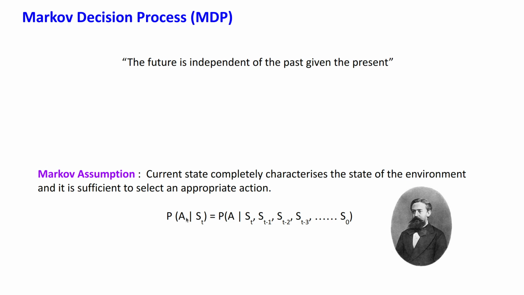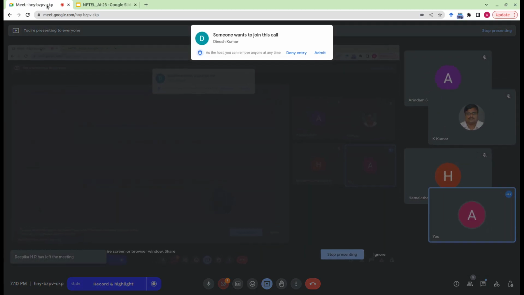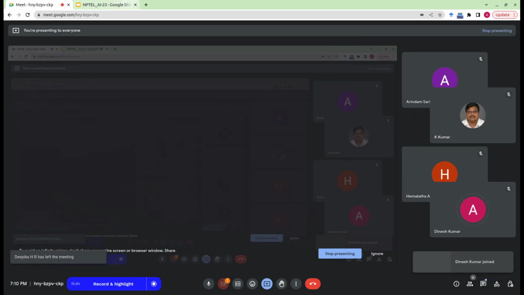Should I buy coffee or tea? This is your action, and St is the current scenario, and St minus 1 is what was done yesterday, what was done the day before yesterday, and so on, since let's say we have 7 days of data. It says that the current information you have is good enough to decide what you will do next.